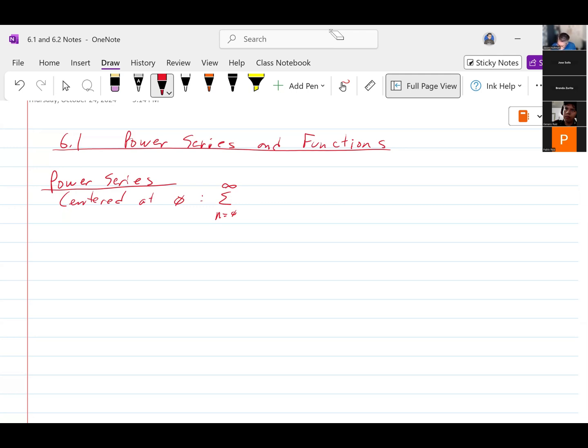And this is going to have some constant, and each constant could be different, could be the same. But then we're going to have an x to the nth power. So this is going to go up by the 0th power, which is 1, first power, which is x, second power, which is x squared, and x cubed, and so forth and so on.